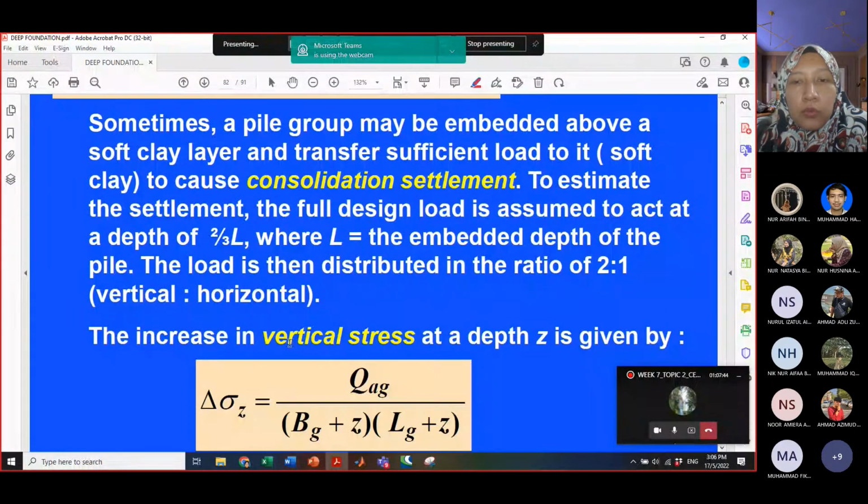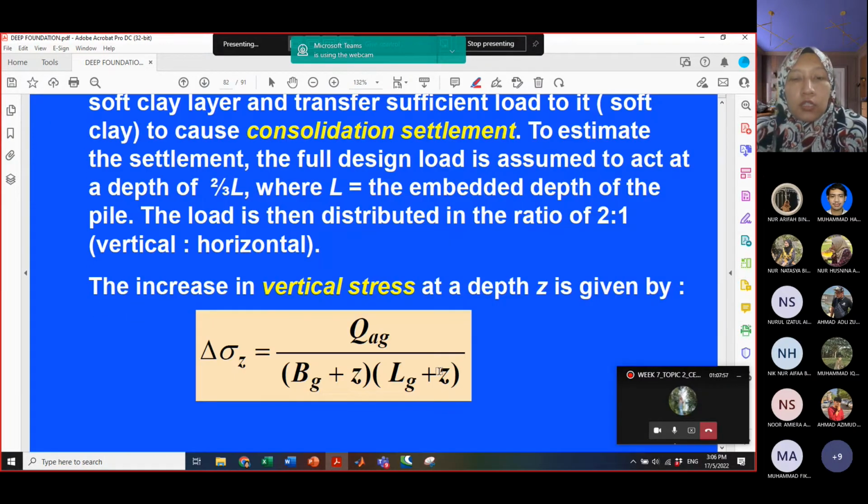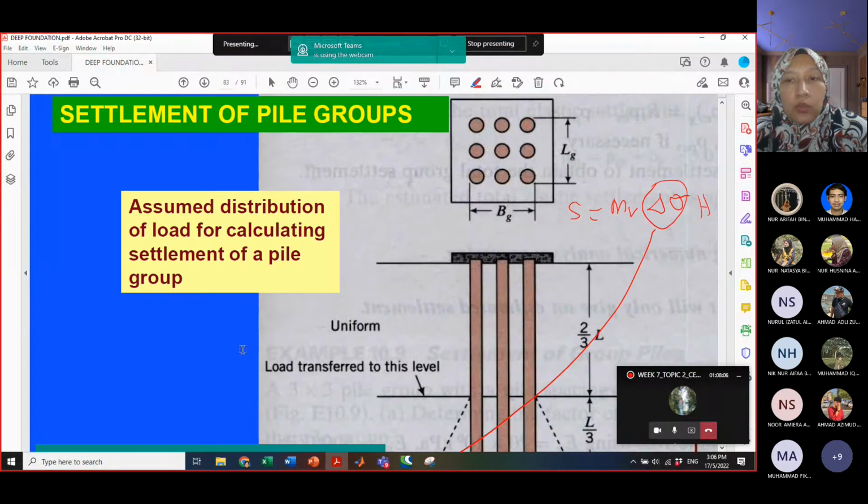Okay, you can calculate through the consolidation settlement formula. If you look here, the change or the increment in vertical stress can be calculated from this formula. So actually it is also related to the soil mechanics topic, where we want to get this delta sigma V. How are we going to calculate that one?